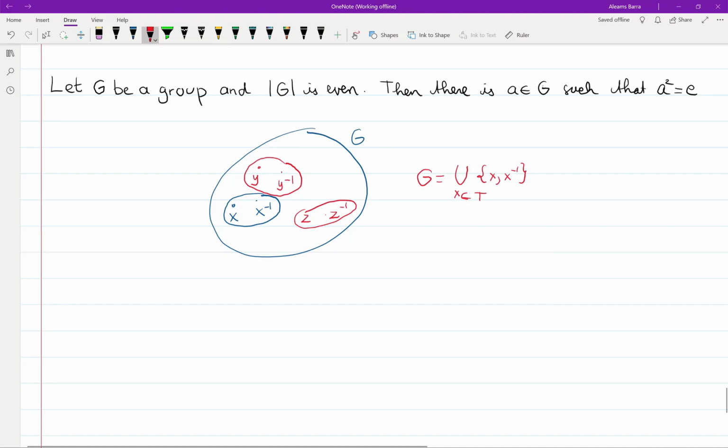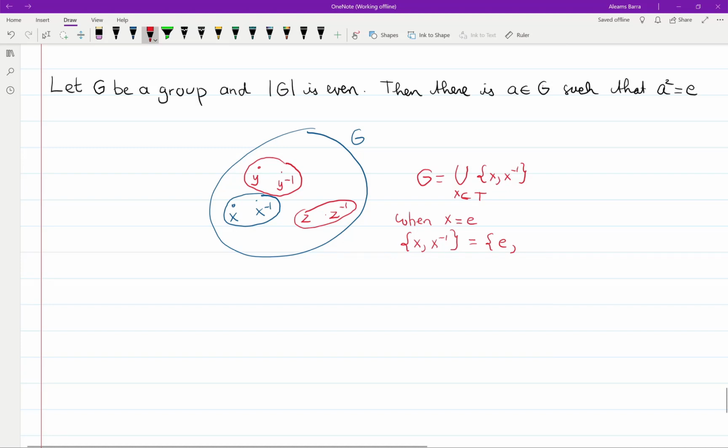And then among this, when X is the neutral element, remember that G has a neutral element, then this set is {E, inverse of E}, but the inverse of E is itself.